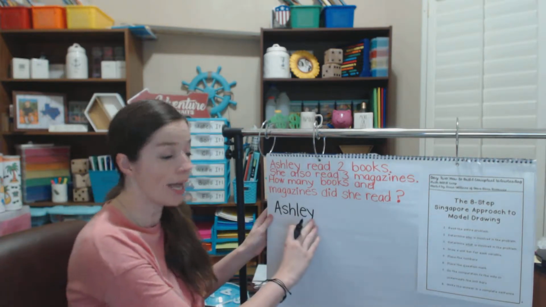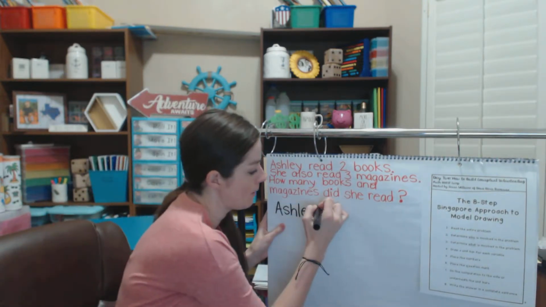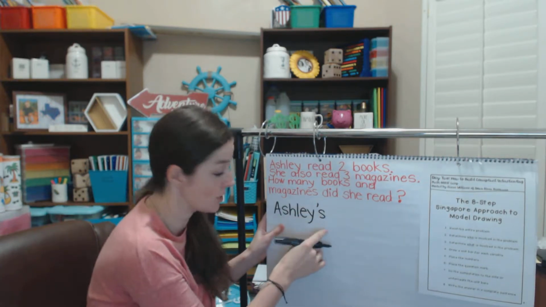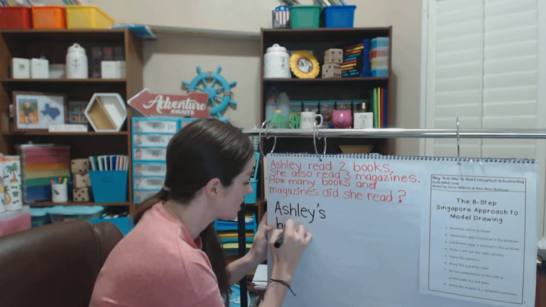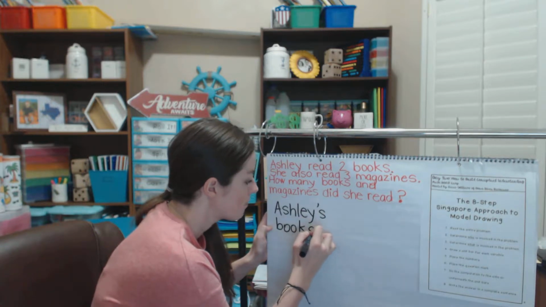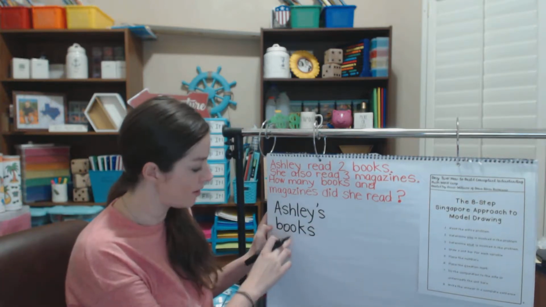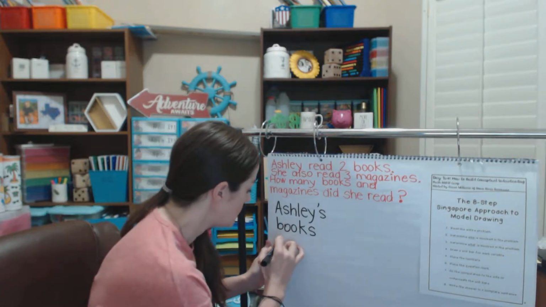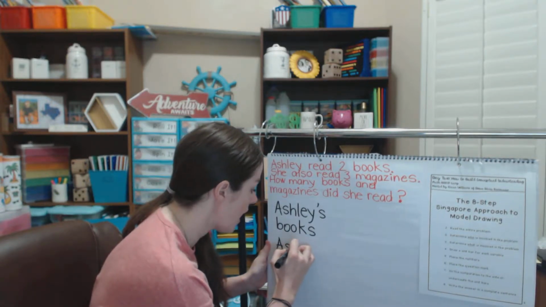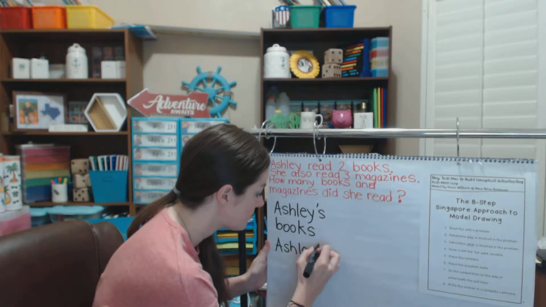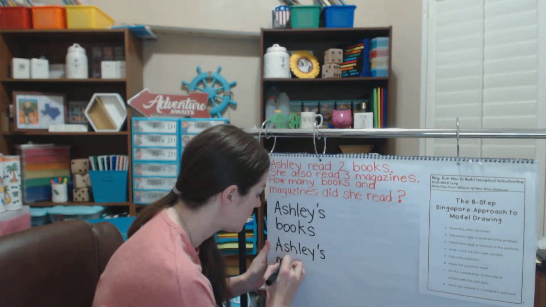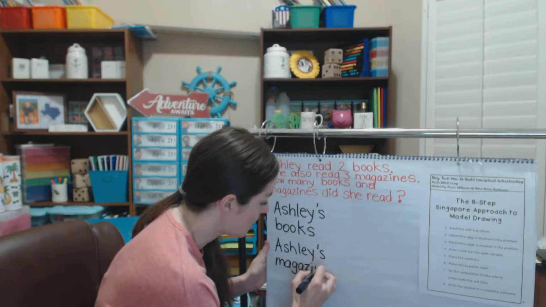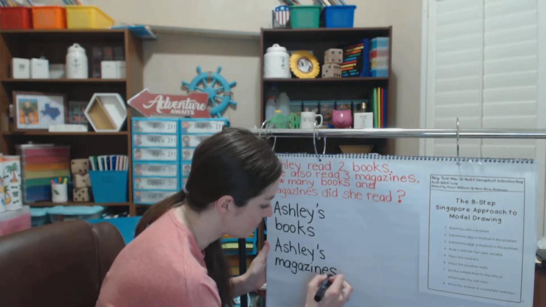Ashley's books is the first thing we're talking about, so we're going to make that possessive by adding an apostrophe s. So Ashley's books. And we're going to make a separate row for Ashley's magazines. So whose magazines are they? Ashley's magazines. That's the third step in our process, labeling what we're talking about.